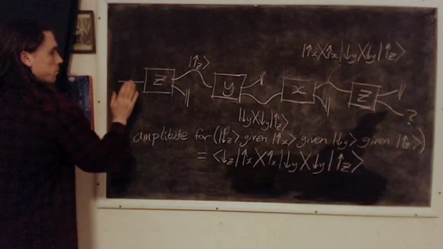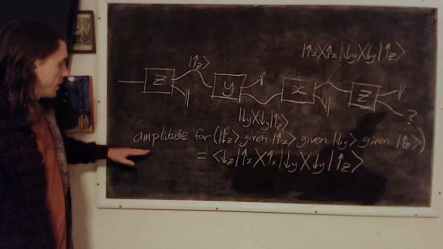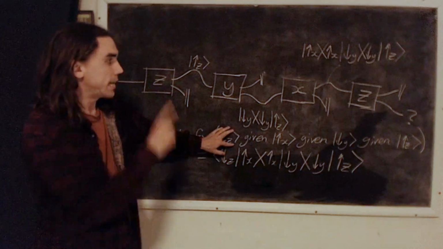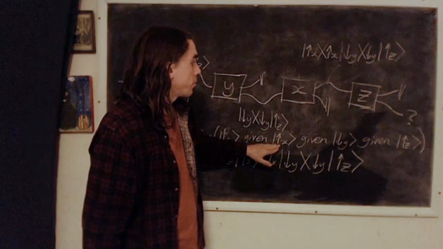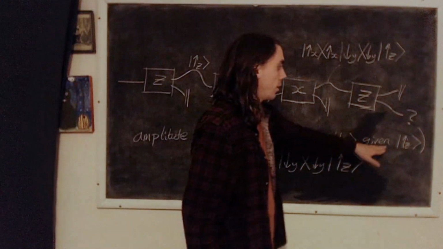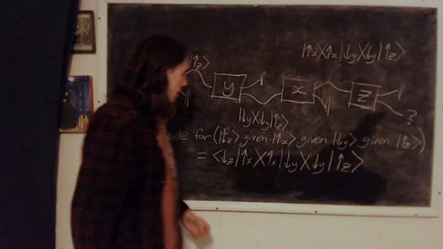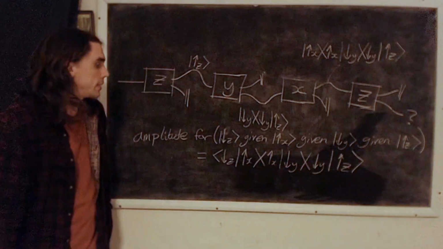Let's rewrite that. So it's a chain of conditional statements. The amplitude for down in z at the end, but this is conditional on the fact that it was up in x previously. That's conditional on it being down in y before that, and that's conditional on it being initially up in z. It's given by this amplitude here, which is just the amplitude of the state we just evaluated.